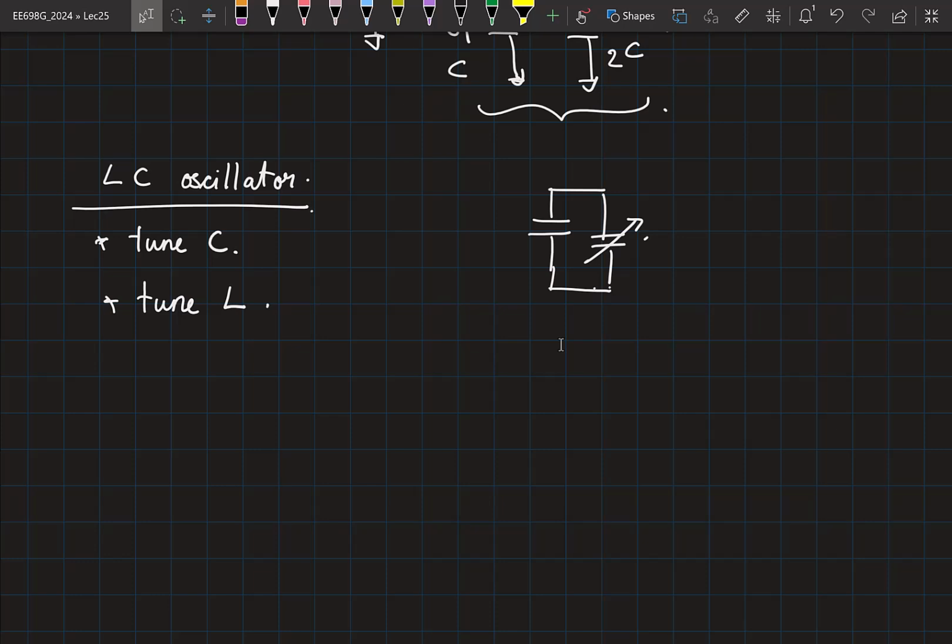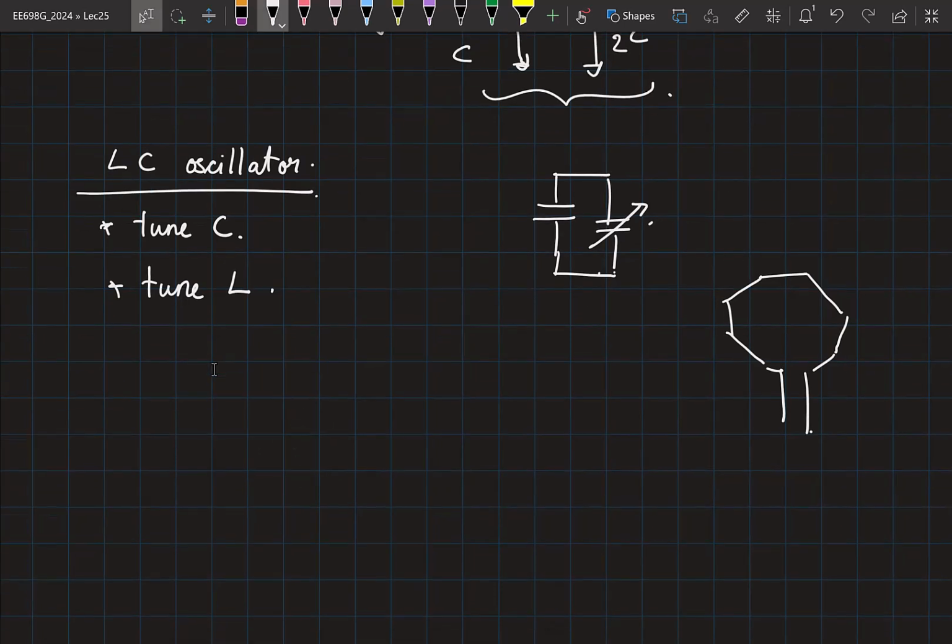It's a metal line, and you will have an architecture like this. Instead of exactly circular, you will have lines like this. So this is one inductor, and then you can have coils inside if required. Then you can have a differential implementation, etc.